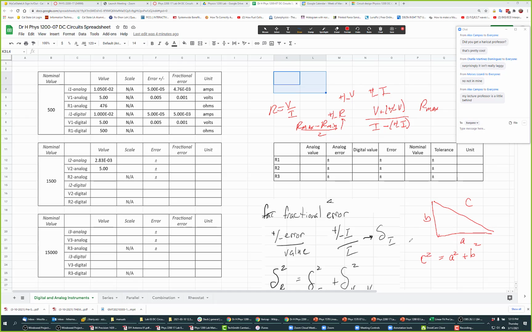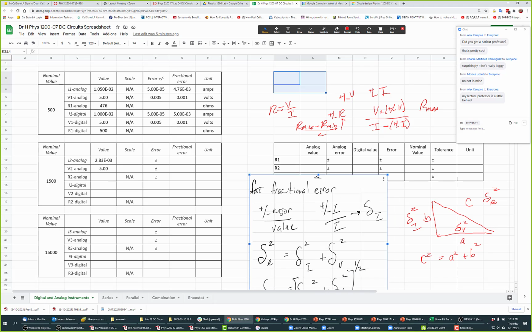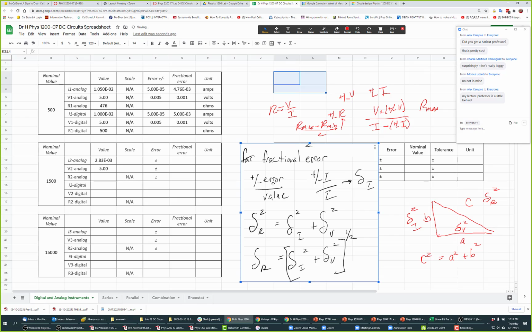And so, at the end of the day, if we call this the fractional error on, say, the current, and this the fractional error on the voltage, then if we add them with the Pythagorean theorem, we get the fractional error squared of the resistance. And if you study the table, that's exactly what it is.